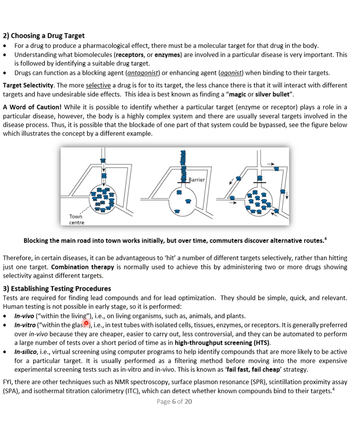Okay. Now the next step in the drug discovery phase is establishing testing procedures. In this step, we will work on designing experiments or tests, and this step is related to the one before it, which is choosing a drug target.